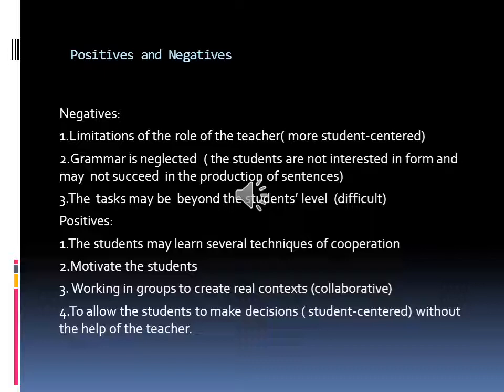This time I'm talking about working in groups to create real context, collaborative. Finally, to allow the students to make decisions, student-centered, without the help of the teacher. Making decisions engages students to solve problems and it promotes critical thinking.